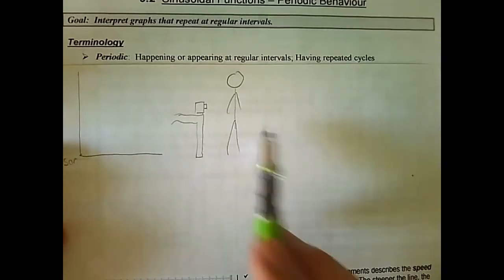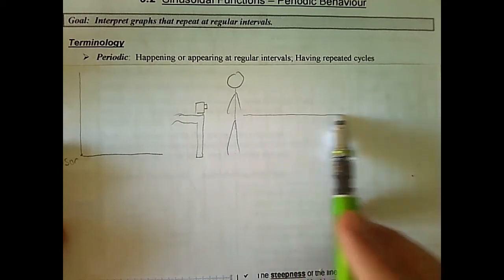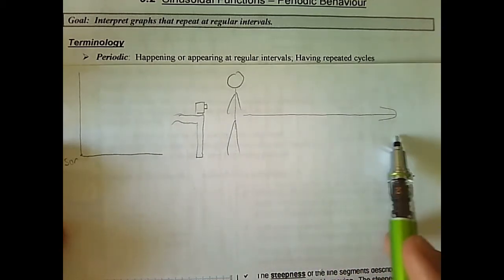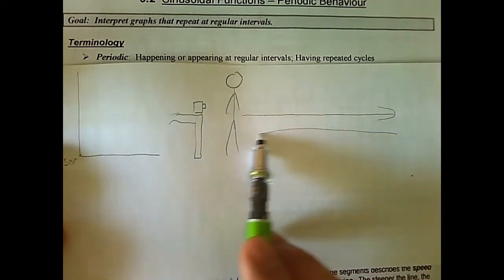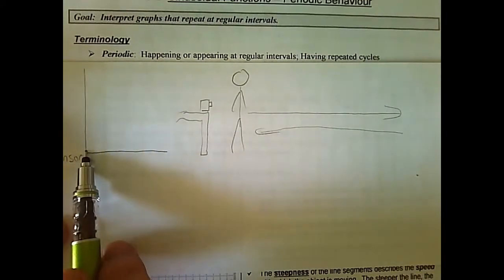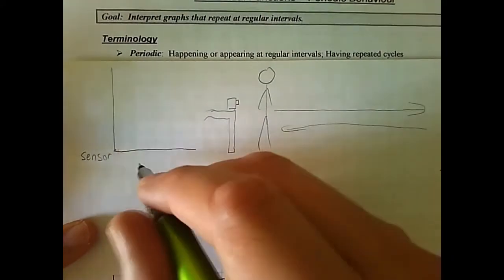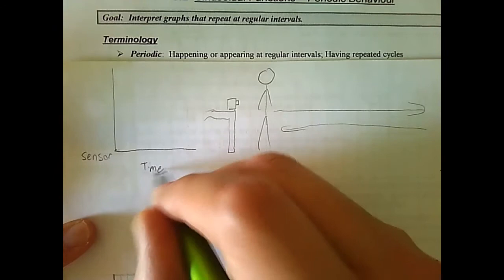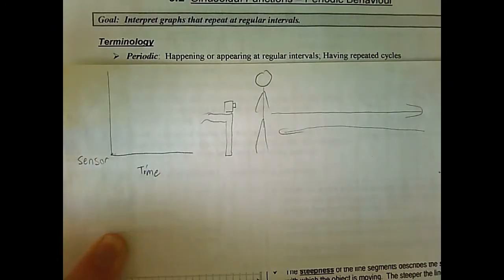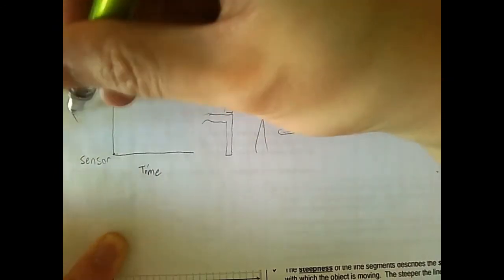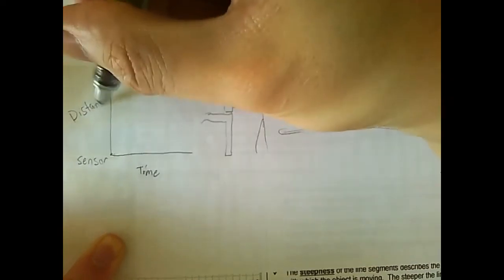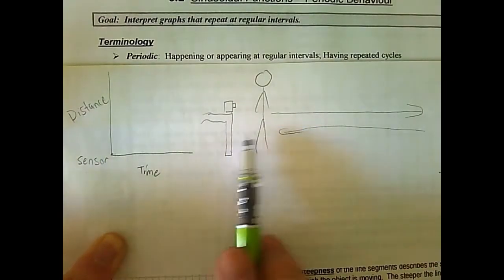and then they would walk away from the sensor, and then they would walk back towards the sensor. And if this was the sensor here, this was time, and this was the distance, and the distance was how far away the person was from the sensor.